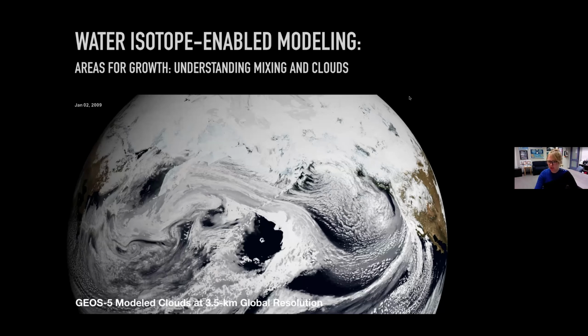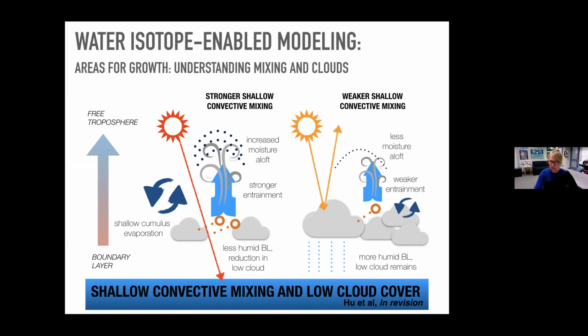So June Hu gave a talk yesterday on the relationship between shallow convective mixing and low cloud cover. And I think, coming back to the satellite retrievals, there are certain fields that are very, very difficult for us to observe in situ, via aircraft measurement, or via satellite retrieval, but water isotopes are observable. And so we can fill some key gaps.